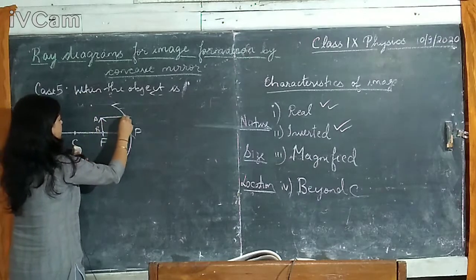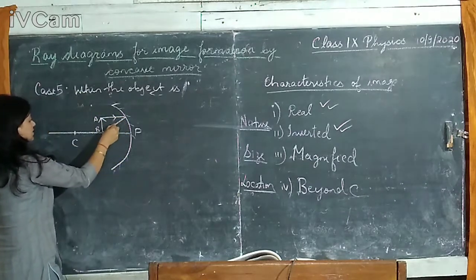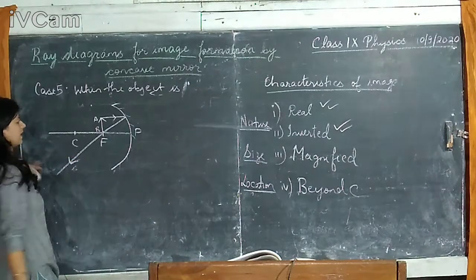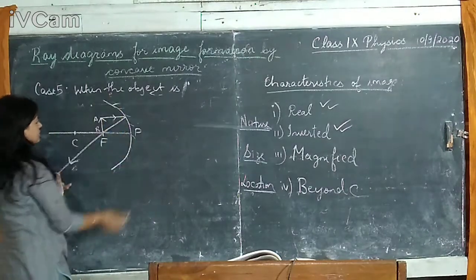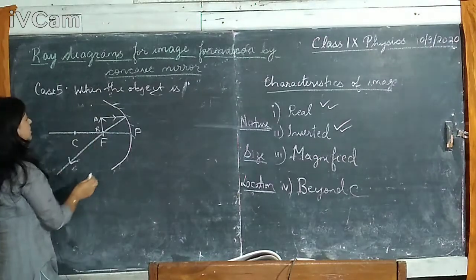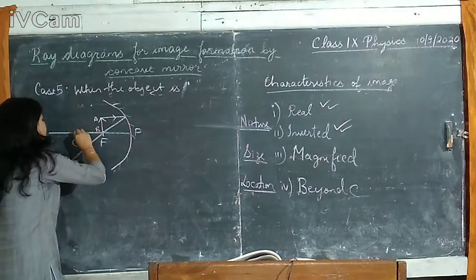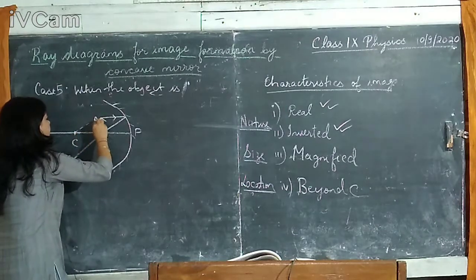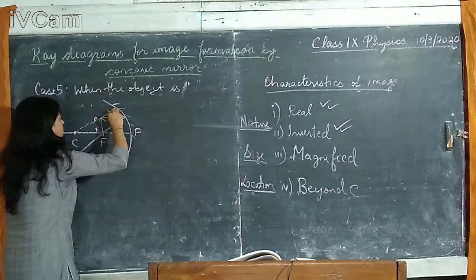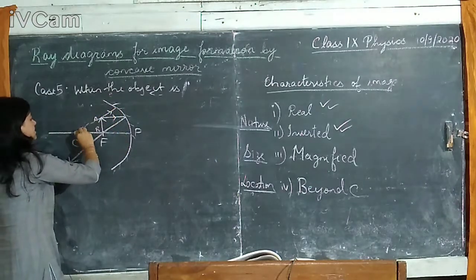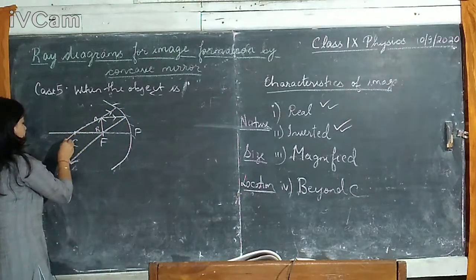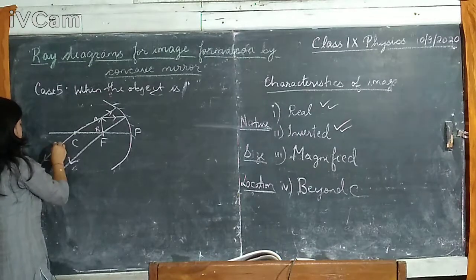Ray number 1 will cross the focus like this. Now ray number 2, since we cannot make it cross the focus because the object is already kept at the focus, we will make it look as if it is crossing the center of curvature, passing the tip of the object like this. Now if a ray of light crosses the center of curvature, according to the rule, it will just retrace its path like this.